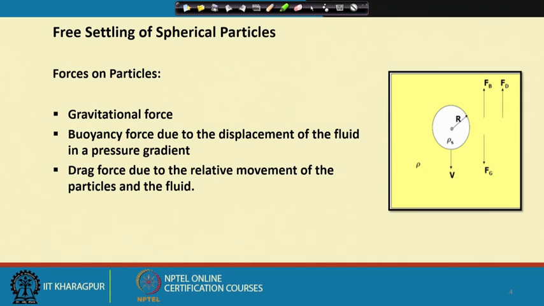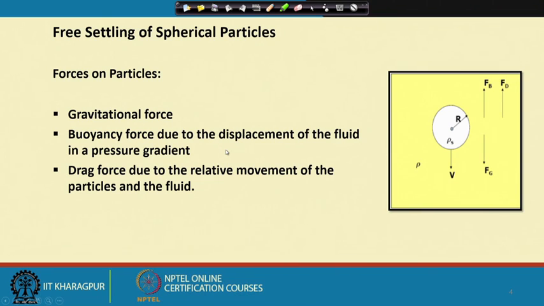The buoyancy force arises because, from Archimedes principle, we know that when the particle travels through a fluid medium, it displaces fluid of equal volume in the opposite direction. So the buoyancy force is due to the displacement of the fluid in a pressure gradient.